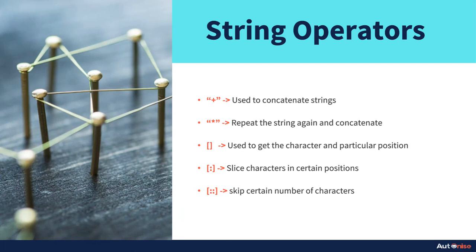Like the plus operator, which we were using between an integer and a float to get the sum of the two variables, we have a plus operator for strings. It helps to add two strings, or in short, it concatenates two strings. It joins the two strings together.